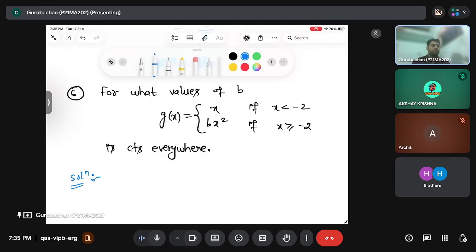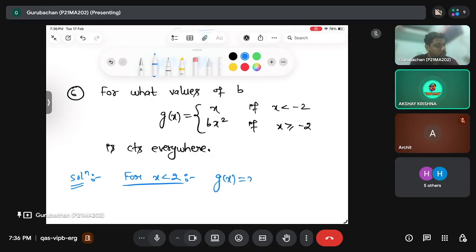So I am telling you that you should examine the continuity of this function. For x less than minus 2, g(x) is a continuous function.